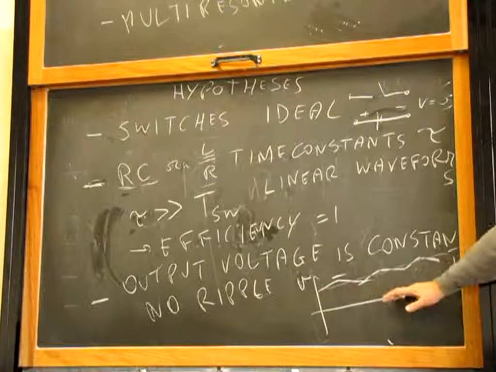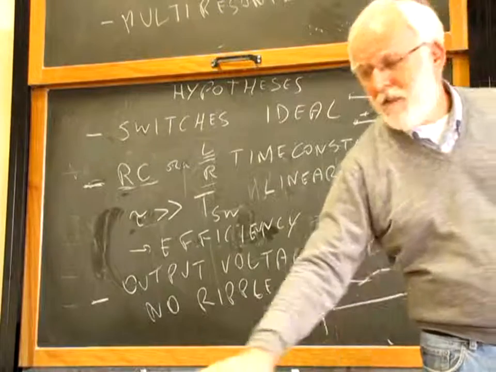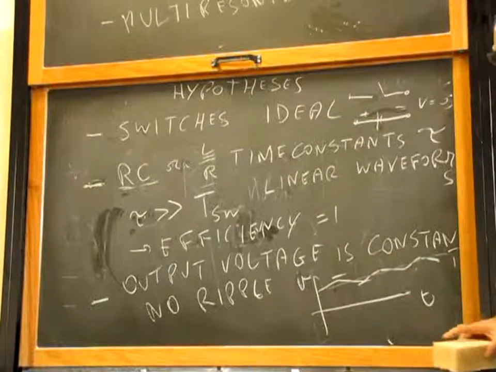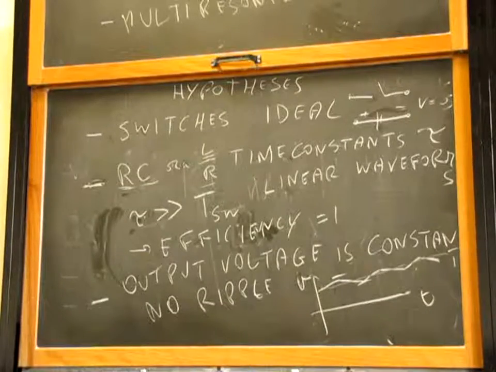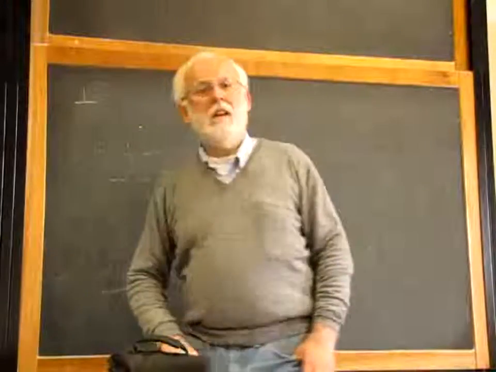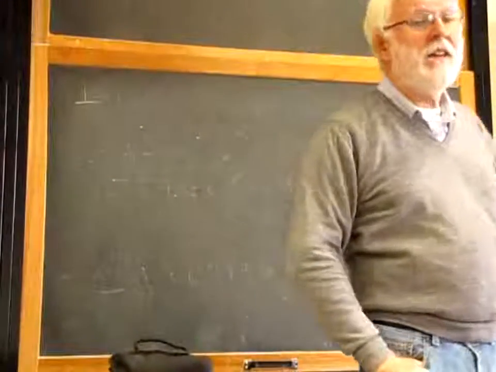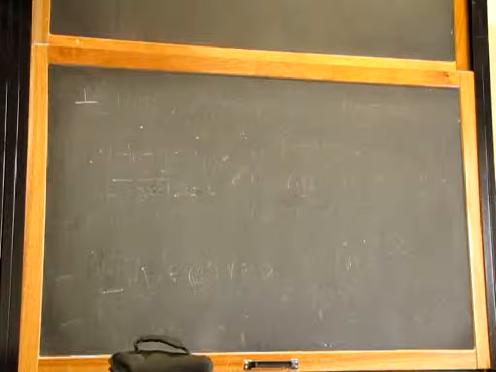High efficiency, ideal output. Then, at the beginning, we will remove this very soon, but at the beginning we will add a fourth hypothesis. If I were in the electronic circuit class, I would say steady state analysis, DC analysis.